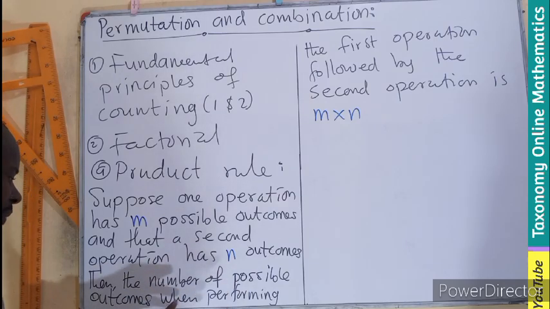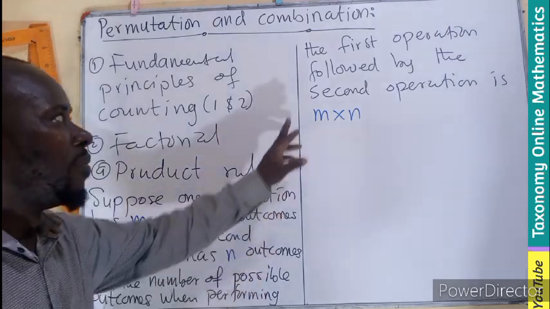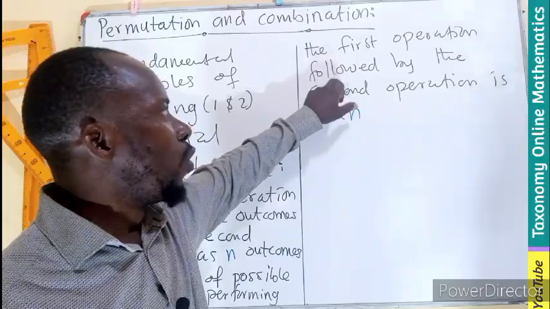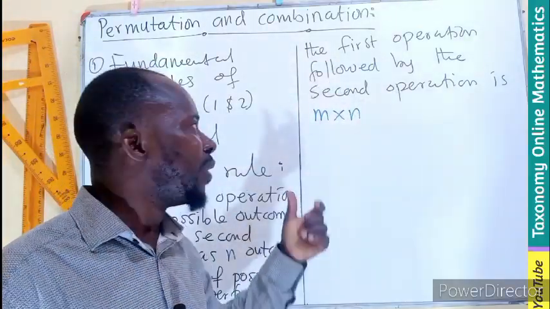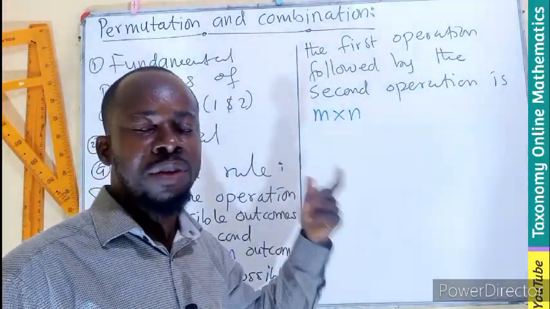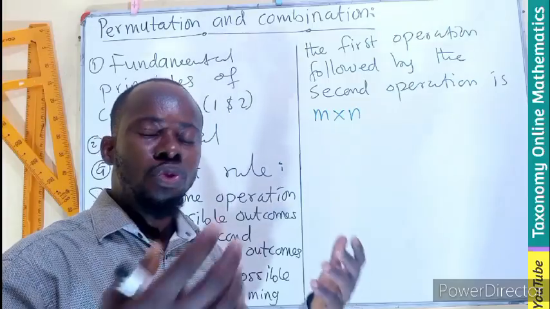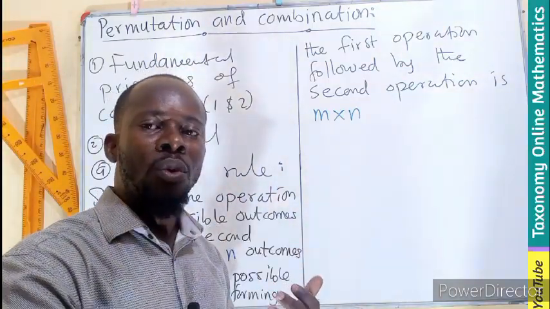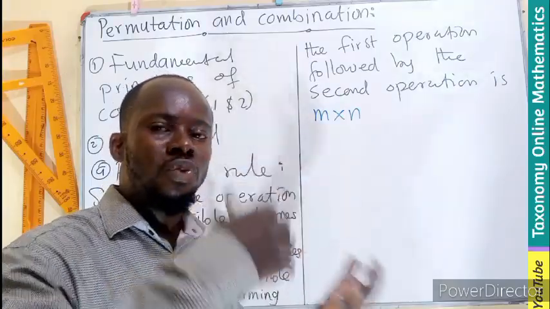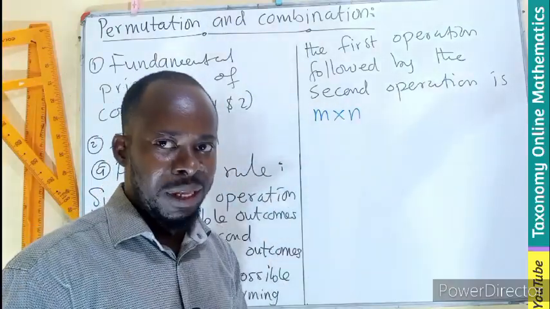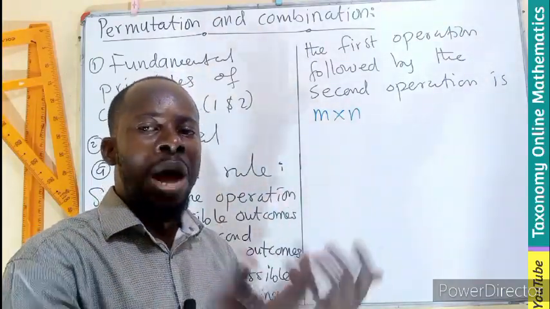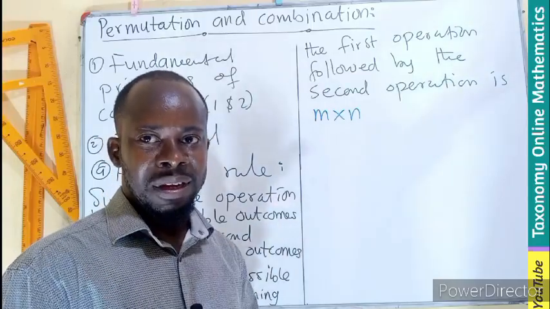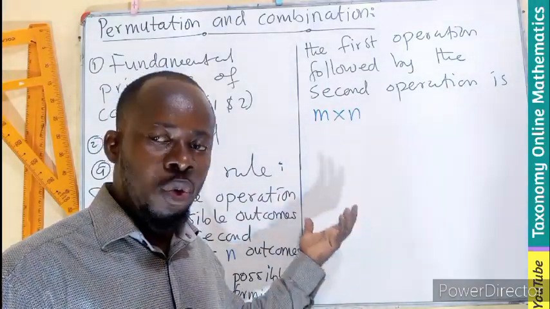Then the number of possible outcomes when performing the first operation followed by the second operation is going to be the multiplication of the two. This is just like you have two jobs to perform. The first job will follow the second one, whereby the two jobs cannot be done simultaneously. What will be the total possible ways for doing this?